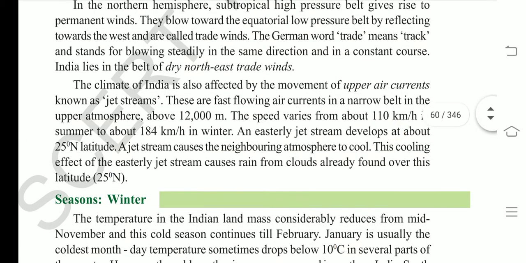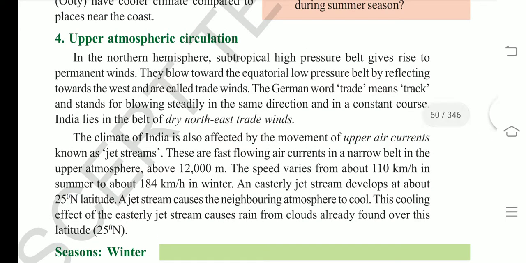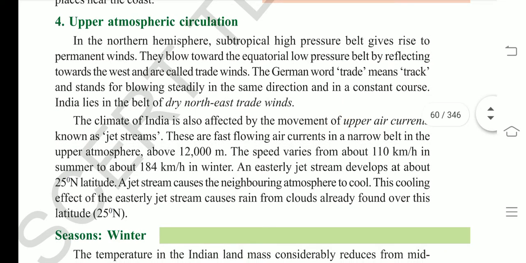Understand what we call upper air circulation: air is circulated with a high velocity in the upper layers of the atmosphere at 12,000 meters from sea level. That is called upper atmospheric circulation.